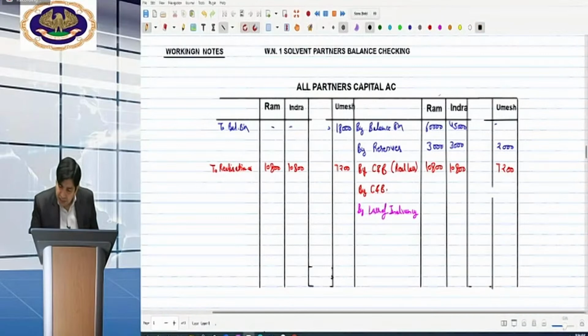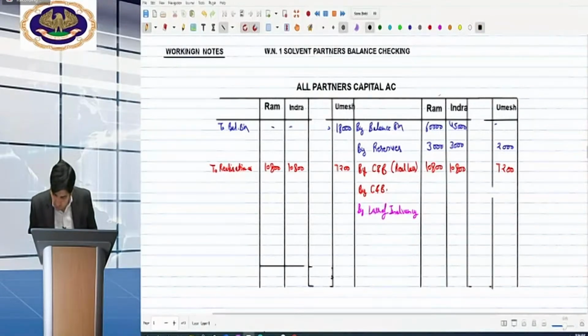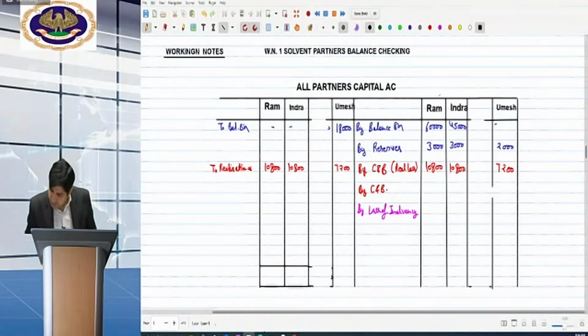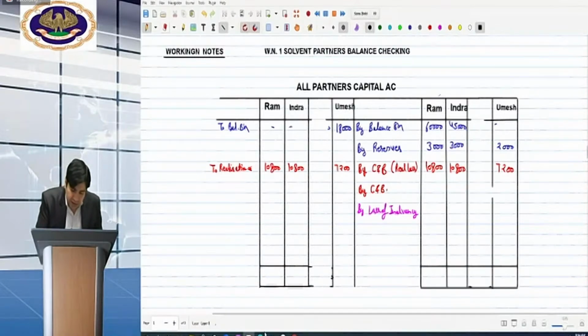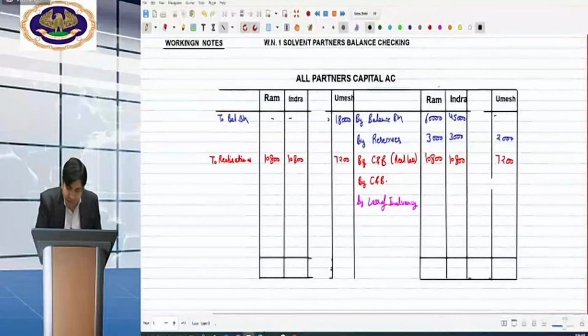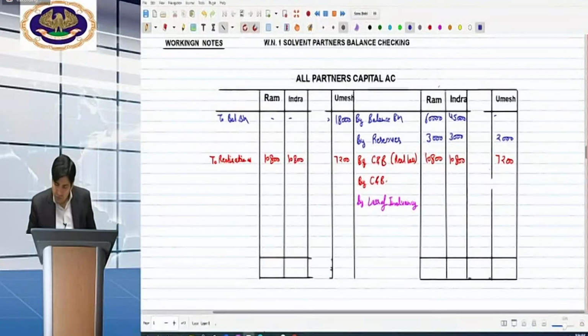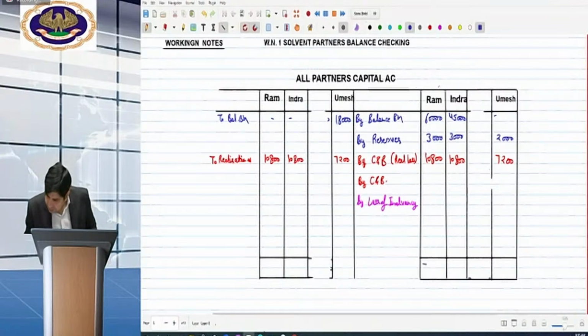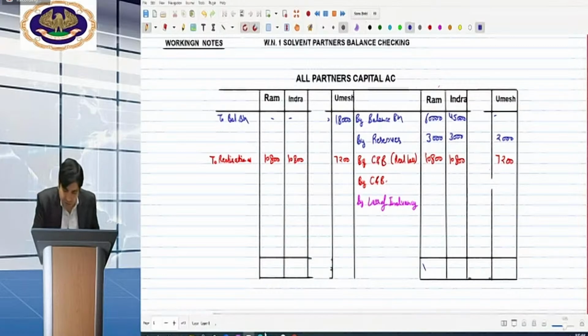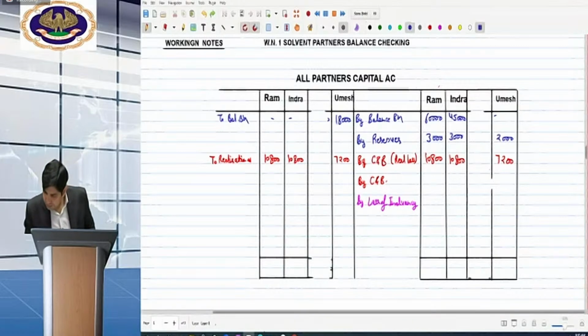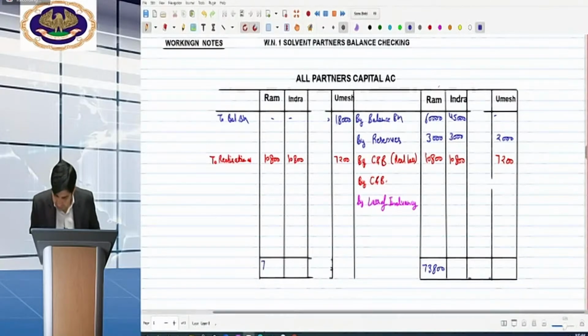We shall check their balances only and only after all the posting. Okay, beta. So now we are checking, and we are checking in this way. What is the amount of Mr. Ram? Ram 73,800 total.